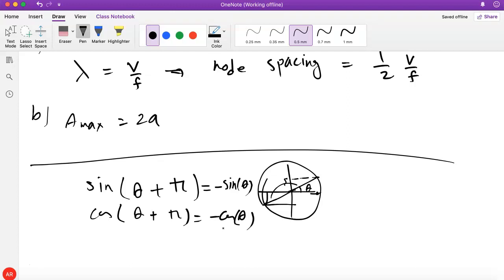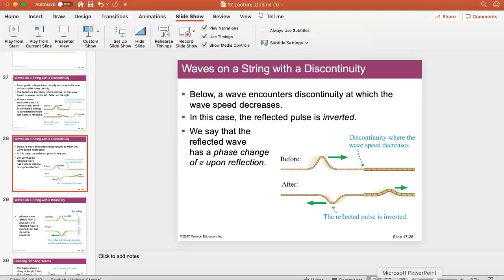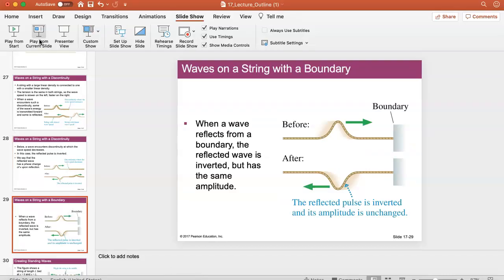And we can take that into account by adding a phase shift of pi, 180 degrees, to the phase of the traveling wave. All right.